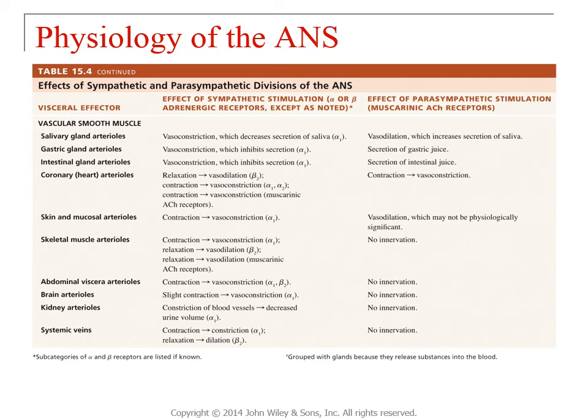You're going to see just the opposite effect in the sympathetic areas because you want to contract the skin and mucosal arterioles to get more blood flow to the muscles themselves, whereas they may vasodilate more so in the parasympathetic. With the skeletal muscle arterioles, it's going to be contraction to allow more vasoconstriction in certain types, but on the flip side, you have some vasodilation with the sympathetic. And actually, no innervation there for the parasympathetic.